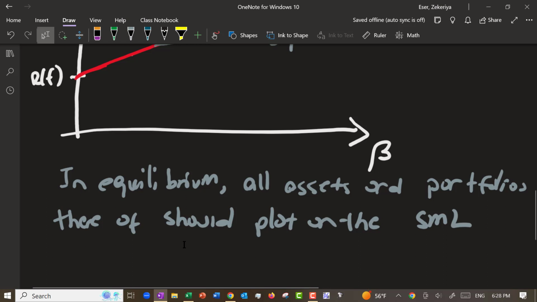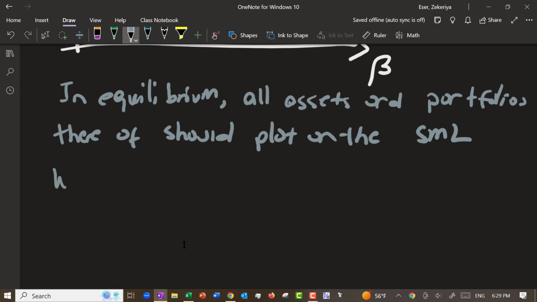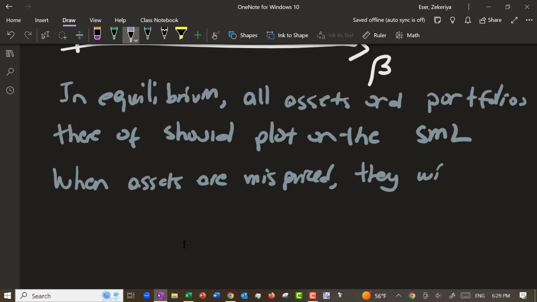But sometimes, the assets are mispriced. When assets are mispriced, they will be off the SML.